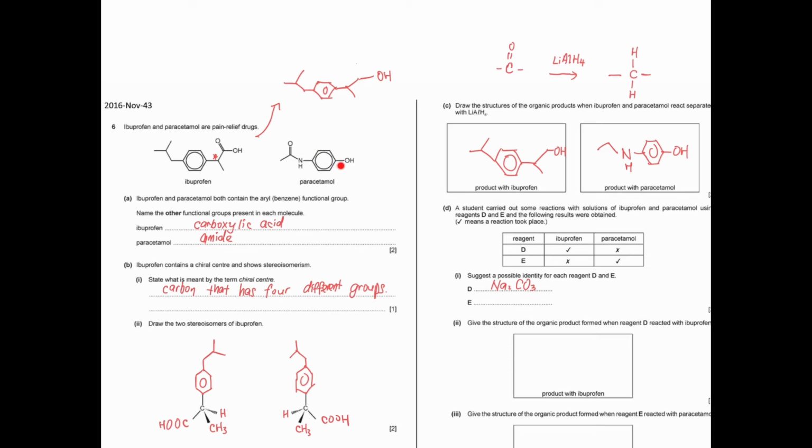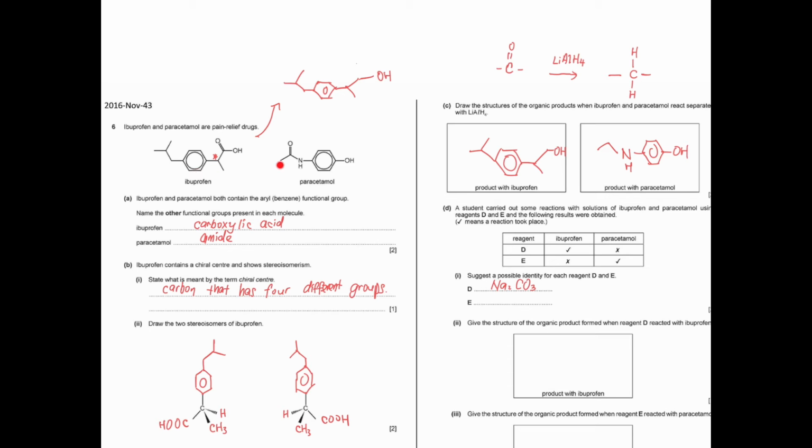For example, phenol reacts with bromine to form a white precipitate, which is what we have gone through. But this one, no, because it's not reactive.